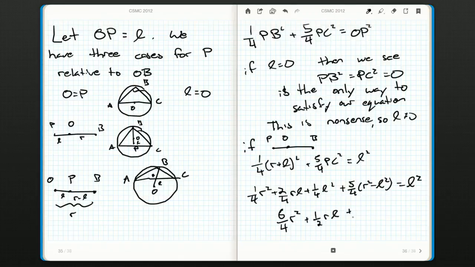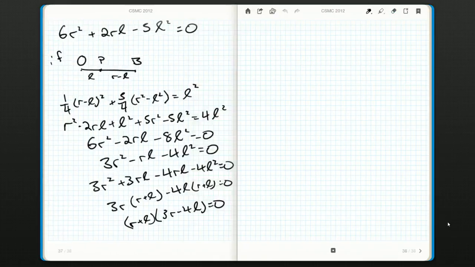And we have this guy over here, so that's minus 2L squared. That's a little more manageable. So multiplying through by 4, we get a minus 8 L squared here. Oh, wouldn't you know it? Okay, so here's a minus RL, and this is plus 2RL.